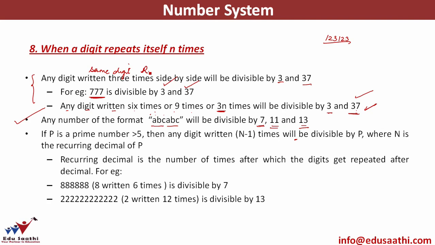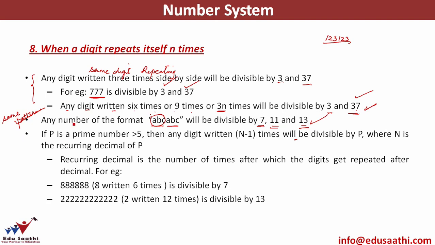Now in the second case, it is the same pattern which is repeating. It is not the same digit, it is the same unit which is repeating. It's a 3 digit unit which is repeating itself. Here it is divisible by 7, 11 and 13.